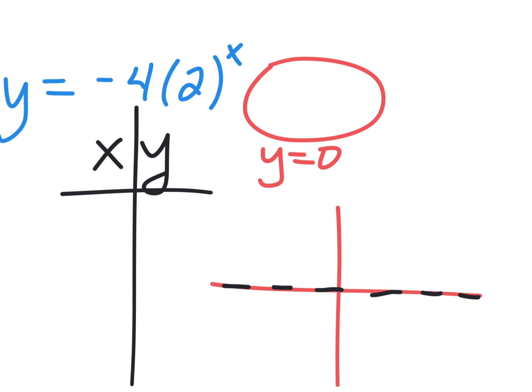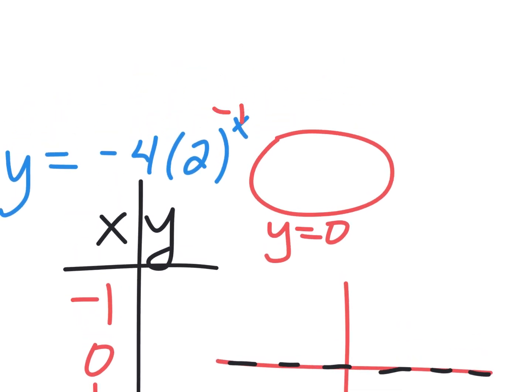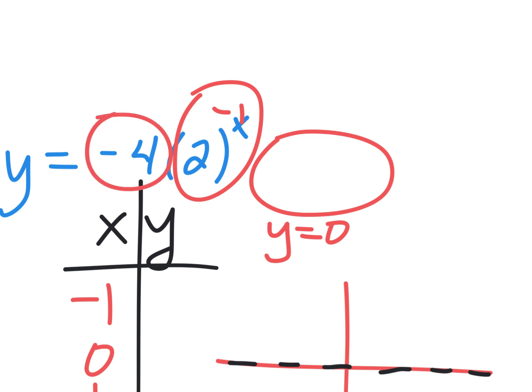Mr. Washington, give me 3 logical things to put in this. -1, 0, and 1. Perfect. August, you get the lucky job of putting in -1. When I put in 2 to the -1, do you remember what that does? Correct, it makes it 1/2. Can you times that by -4 in your head?